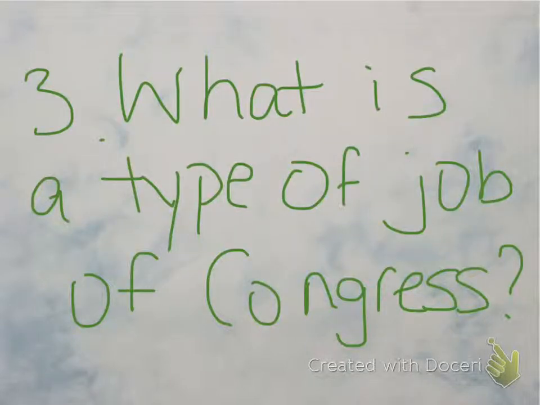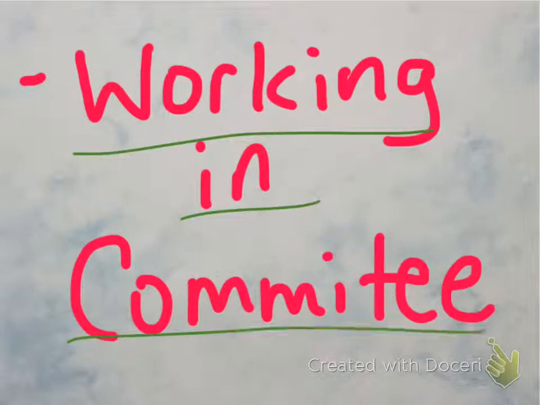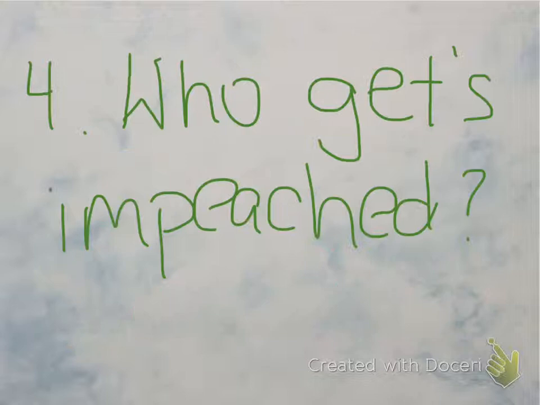Our third question is, what is a type of job of Congress? Think about the different types of jobs of Congress. Just name one. One of them is working in the committee. That's just one of them. That's not all of them.